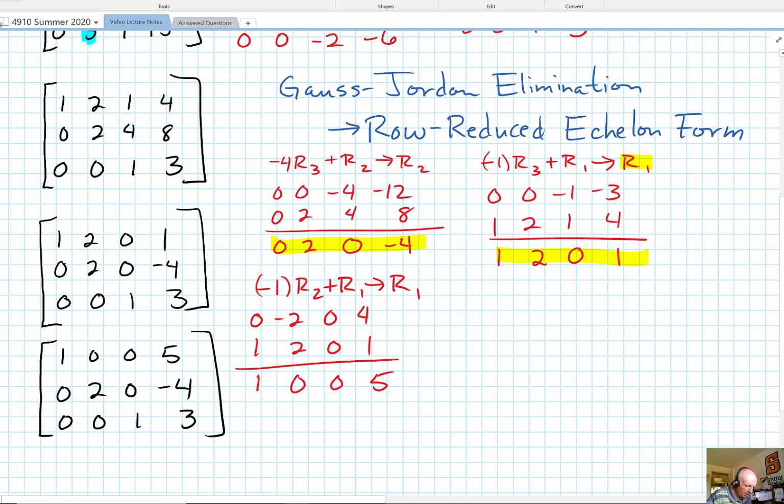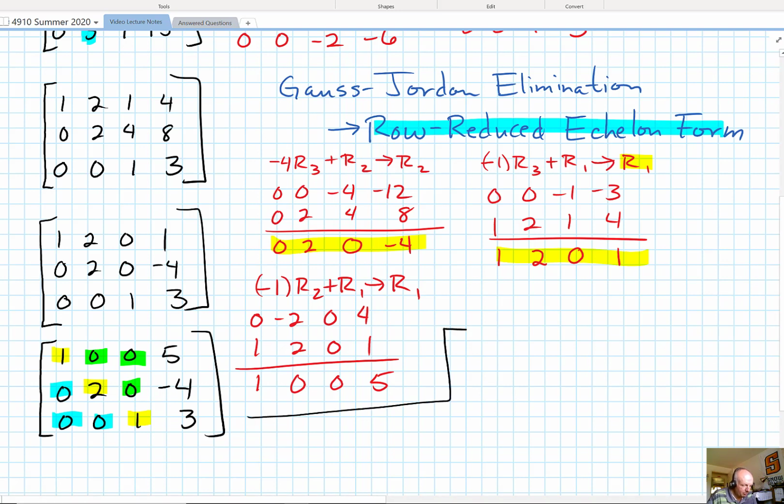So there we go. We've got our zeros, we've got our leading terms. Leading terms here, here, and here, and then zeros below them, and then zeros above them. Now the last thing, and you can save this to the last thing to officially get it in row reduced echelon form is you want all your leading terms to be 1.